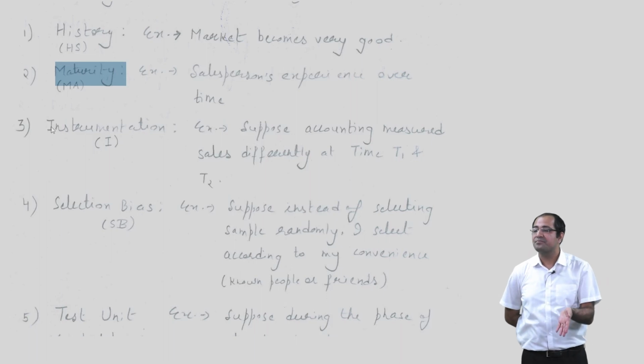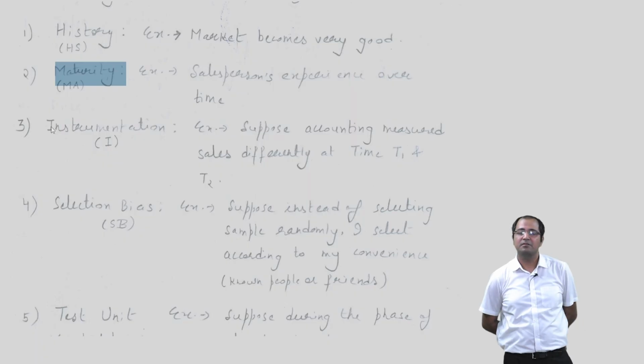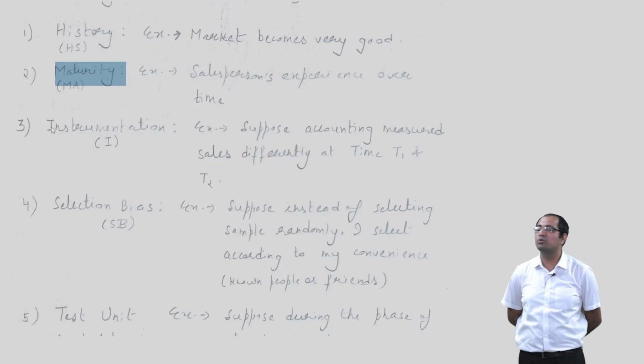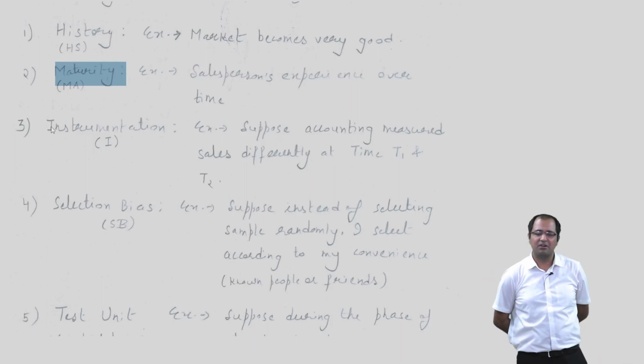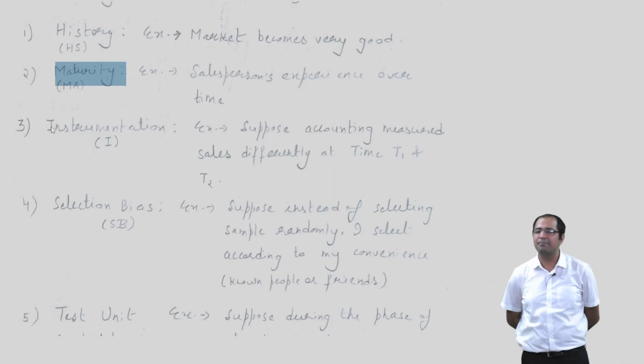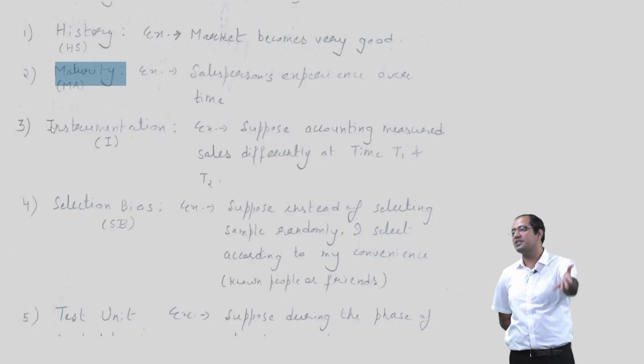In this case, earlier you were measuring rupee sales, but at the end of the experiment you look at volume by numbers, which means not rupees but how many units you sold for different products. That will be a change in instrumentation. That should not happen. Change in prices could actually come under history, not necessarily instrumentation. Instrumentation happens when the unit by which you measure Y changes from what you measured pre-intervention.